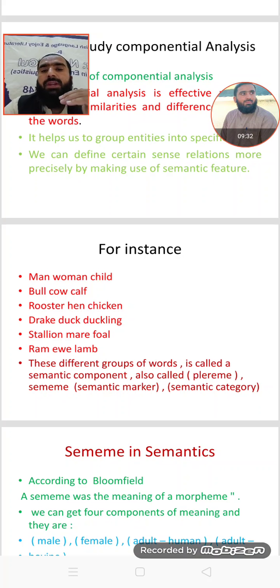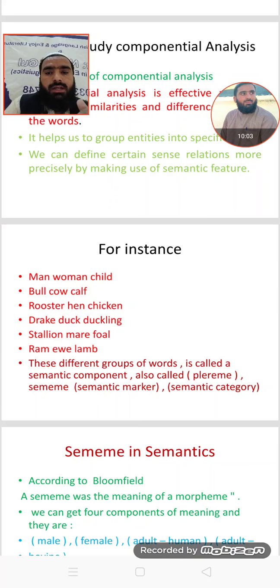But what type of relation is there? The first three are human being names, and the last three are animal names. We can say that the first one is masculine, the second is feminine, and the third one is the young of these groups.